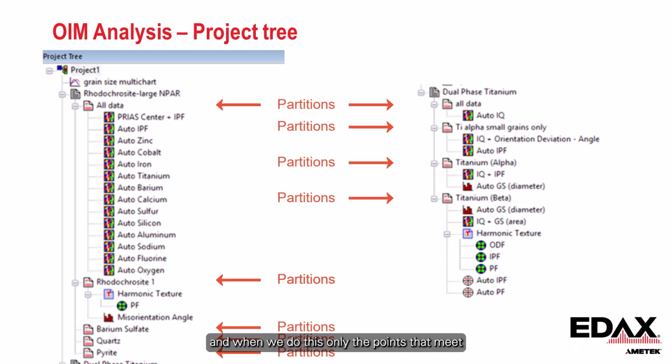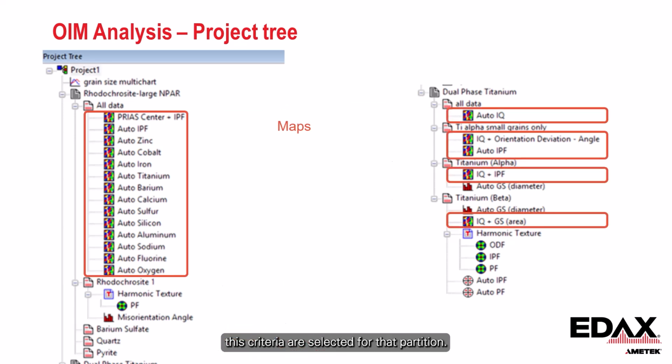And when we do this, only the points that meet this criteria are selected for that partition. And underneath here, we can have different maps, charts, and plots. So these are an example of an auto IPF as an orientation map, different EDS maps, a combined image quality IPF map that show up under the partition of interest.